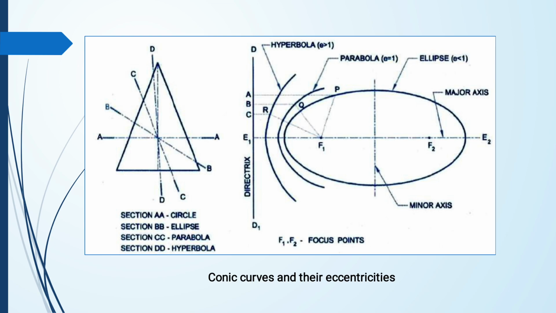Based on that, AA gives the shape of a circle, BB gives an ellipse, section CC gives a parabola, and section DD gives a hyperbola. So this one diagram holds all the collective information. The right side of the diagram covers the entire ellipse, parabola, and hyperbolic structures. That's all about this diagram.